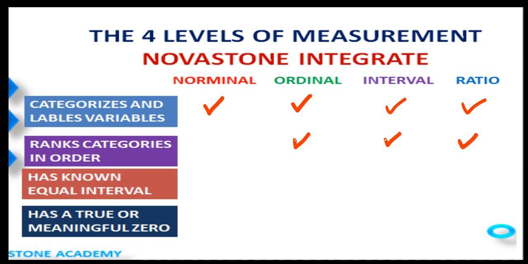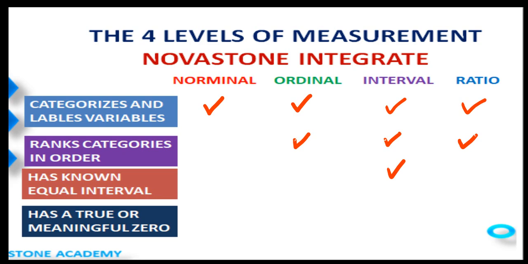Then the other one has non-equal interval. Do you have intervals in nominal? No. Do you have intervals in ordinal? No, because in ordinal we said there's no precise difference between the variables. Okay. Then in interval, there's equal interval, so there'll be intervals.